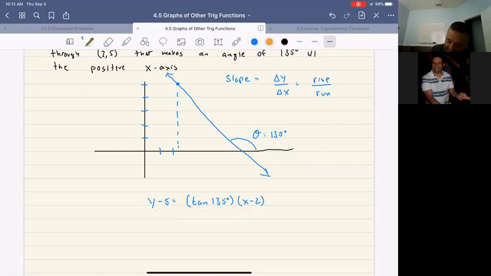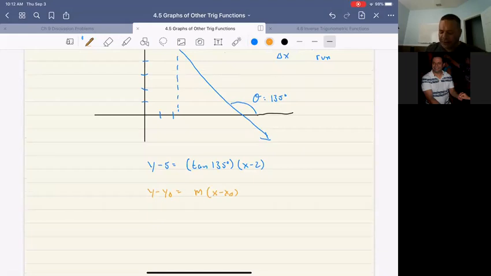Let me write that in orange. And that's for finding the equation of the line through (x0, y0) with slope m.